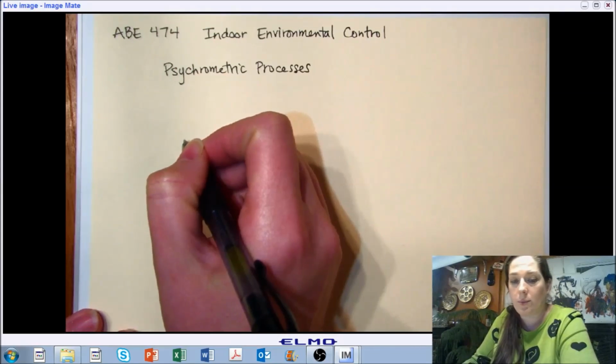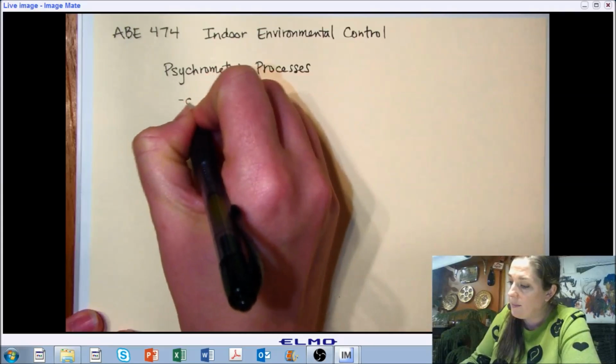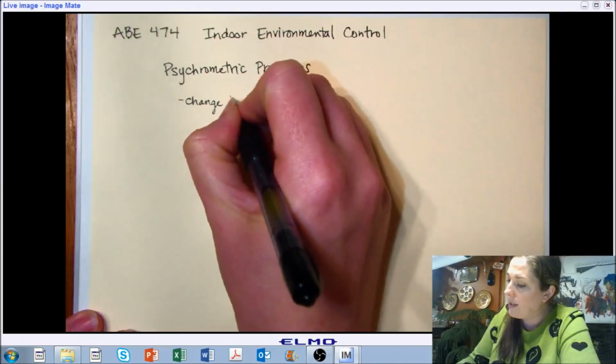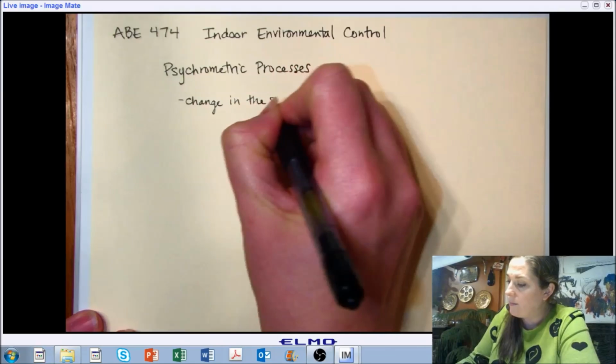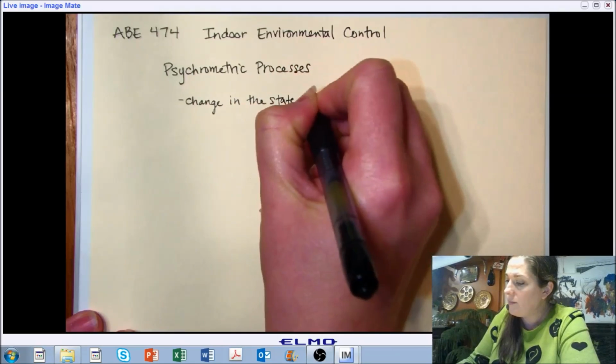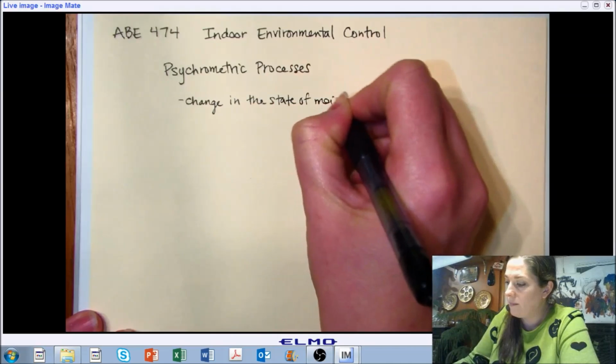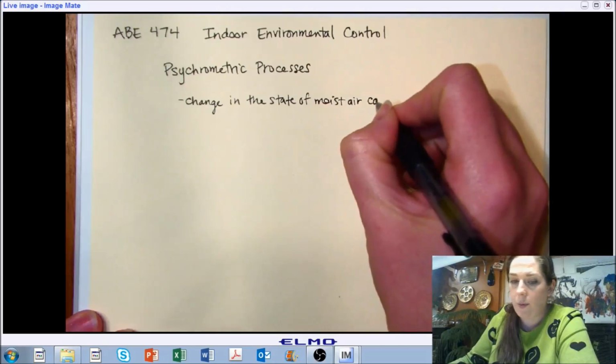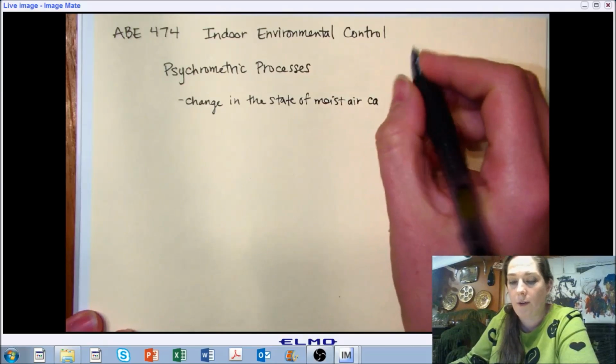So psychrometric process is a change in the state of moist air caused by adding or removing thermal energy or water vapor.